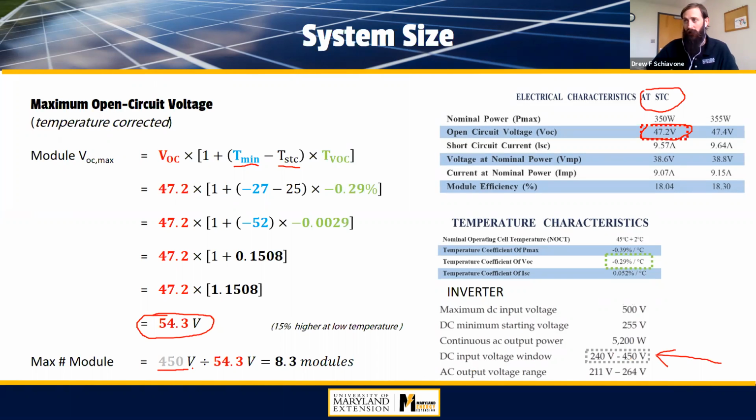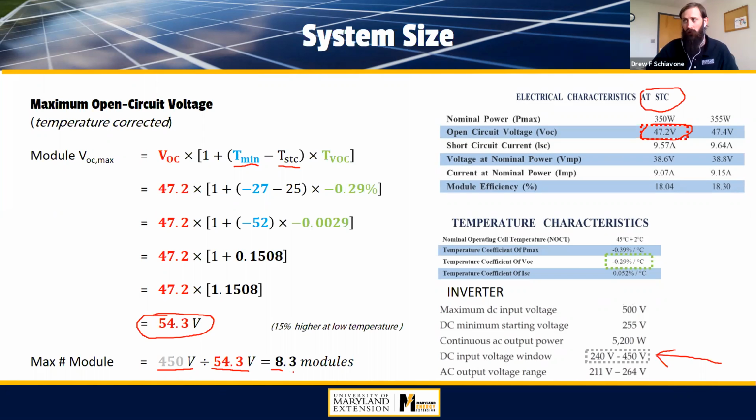So at the bottom here, you'll see I've taken the higher end of that range that the inverter will accept. We don't want to go over 450 volts or it could damage the inverter. And so I'm dividing that maximum threshold from the inverter by our maximum voltage that we can get out of the DC, the direct current out of the panel.